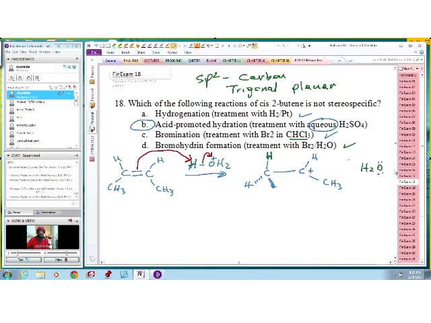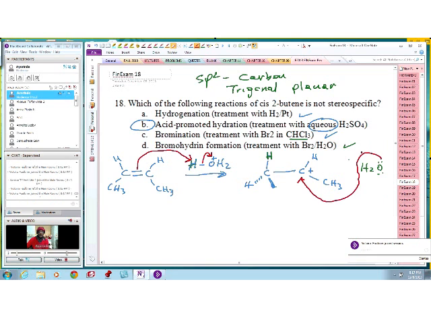So therefore, the water will now come in to act as a nucleophile. It could either come from the bottom or it could come from the top.